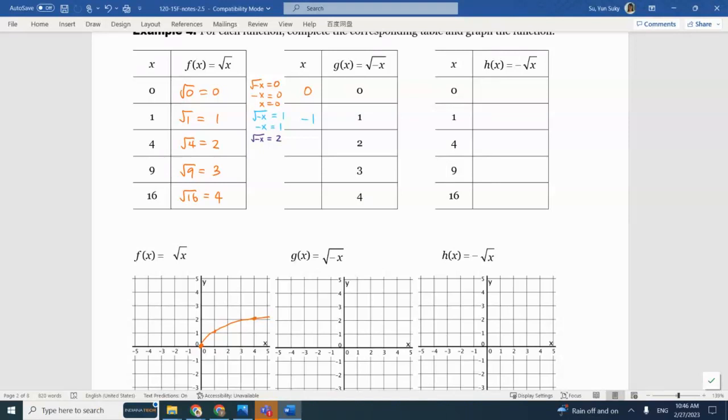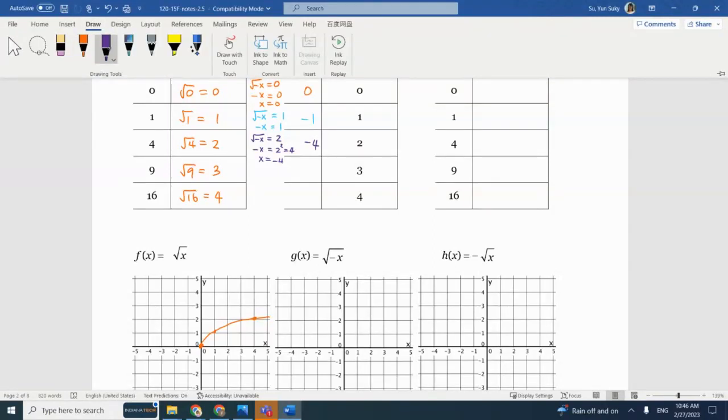Then you have minus x equals, what is 2 squared? 2 times 2, 4. So now what is x? Minus 4. See? We in fact get minus 4.